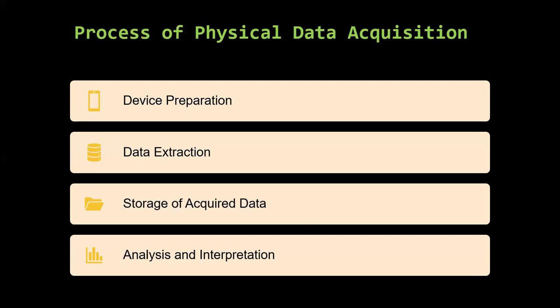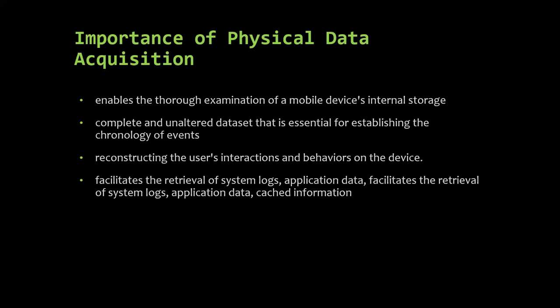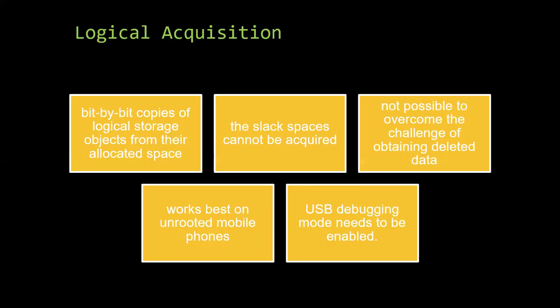For physical acquisition, we need to prepare the device, so we understand what the device is, what cables are required, and what tool is required. Then you extract the data, store that acquired data, and then interpret that data.